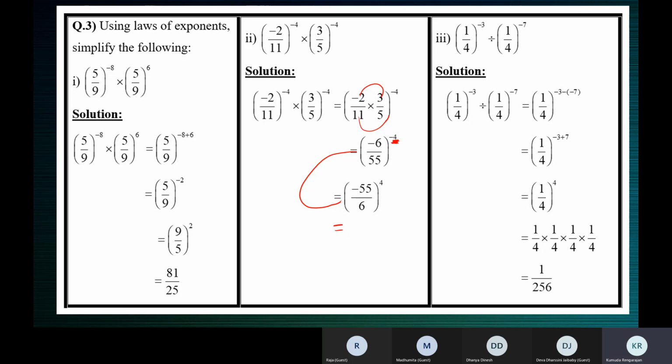But you should not spend a lot of time calculating. You can also leave it as a fraction: minus 55 multiplied with itself 4 times in the numerator divided by 6 multiplied by itself 4 times in the denominator.